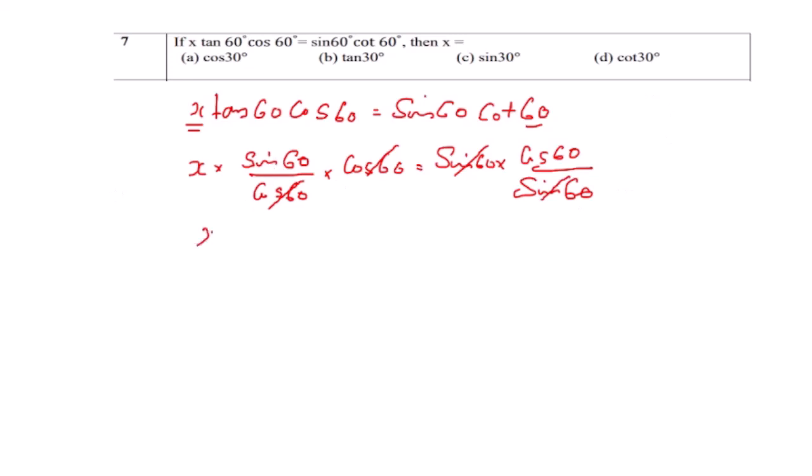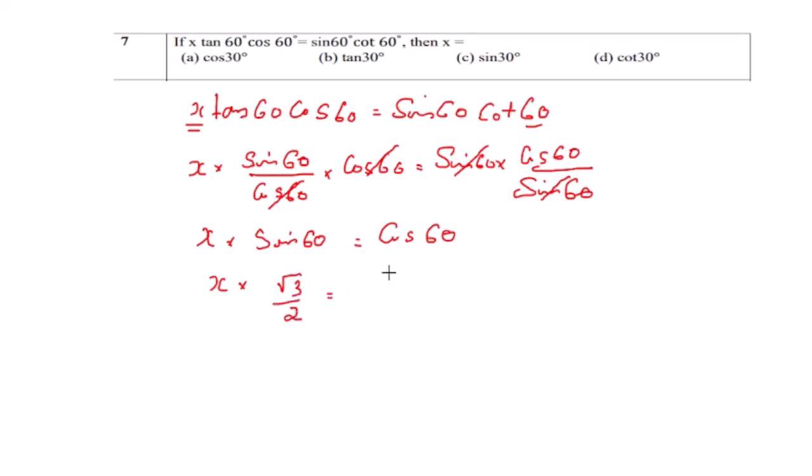Now x into sin 60 is equal to cos 60. x into sin 60 is equal to cos 60. Now x is multiplied with sin 60. What is the sin 60 value? That is root 3 by 2.